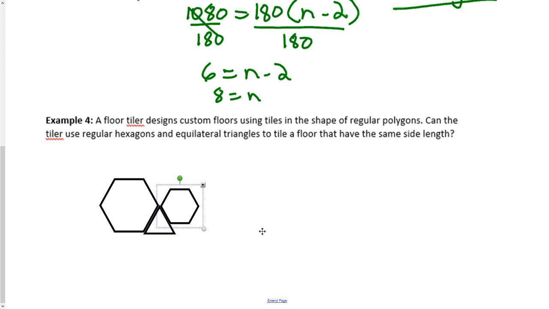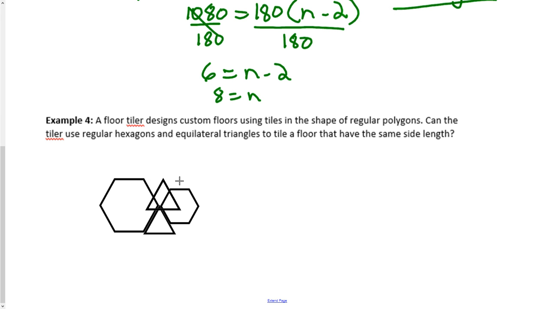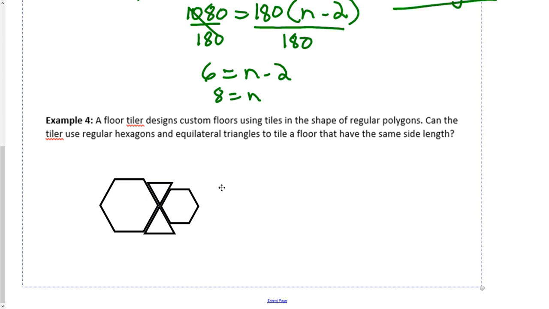So what you would need to do, now assuming they're all the same length, I'd have a regular triangle in there as well. Something like that. Could I get those all to line up? Now, sorry, those are supposed to all be the same size, but they're not. But that's okay. With the power of imagination, we can believe they are.